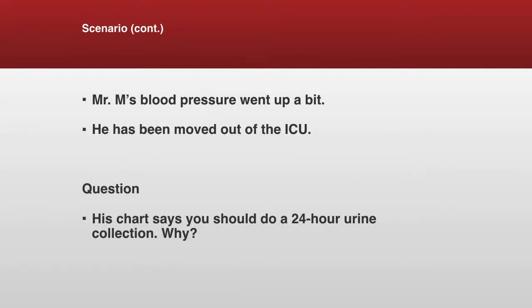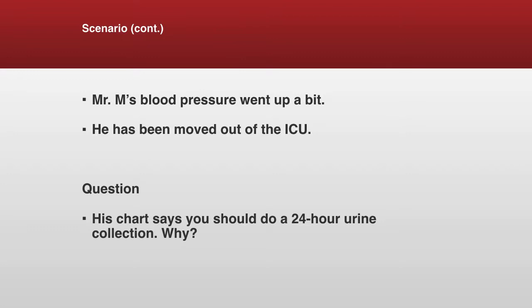Mr. M's blood pressure went up a bit. He's been moved out of the ICU. The question is, why should you do a 24-hour urine collection? Well, if we think back to what's been going on with him, for a while there he had acute renal failure because he wasn't having any urine output.